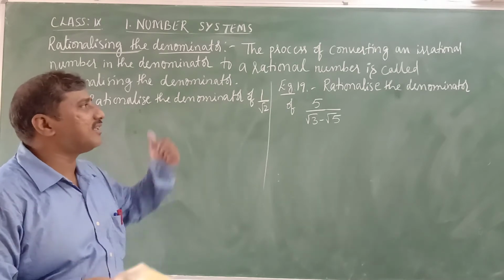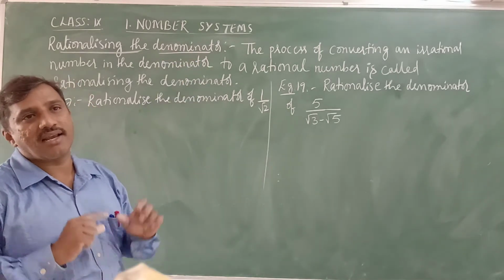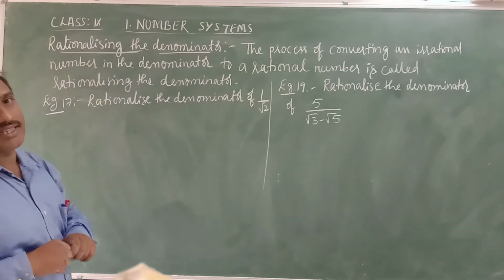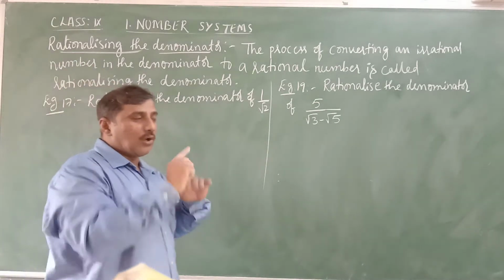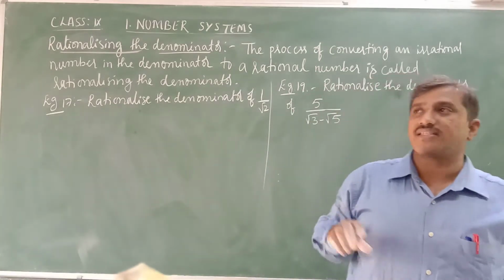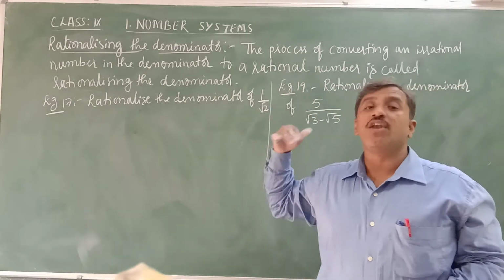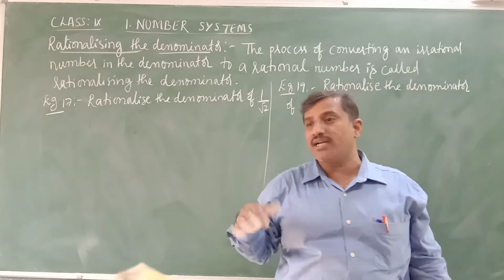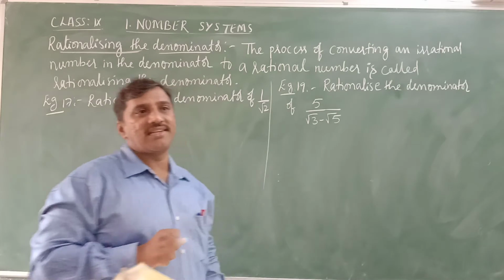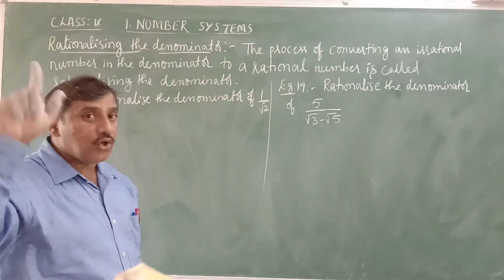How can we convert them to rational numbers? That process is known as rationalizing the denominator. Not only denominators, we can also convert the numerators, which is rationalizing the numerator.